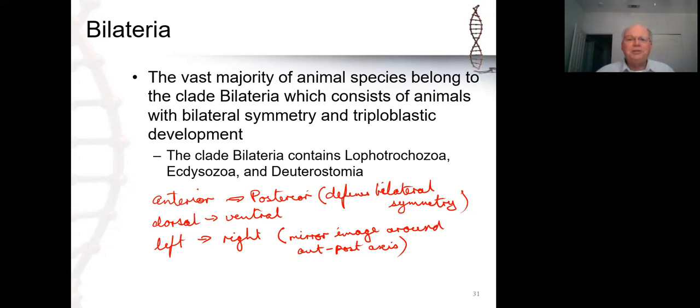And we have three major clades that we need to address here: the lophotrochozoans, the ecdysozoans, and the deuterostomia. So we'll begin by looking at the lophotrochozoans, then we'll address the ecdysozoans, and then we'll do the deuterostomia. And we are going to get bogged down in the ecdysozoans, because that's where we encounter the arthropods, and very specifically, we encounter the insects.